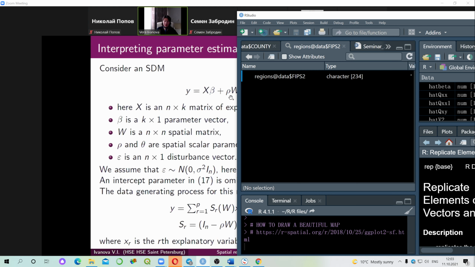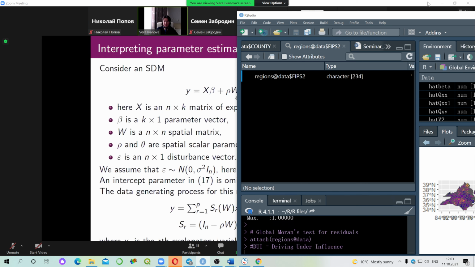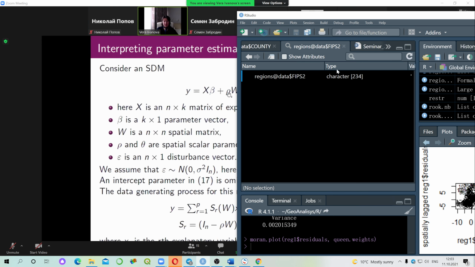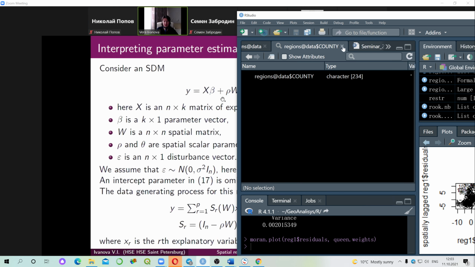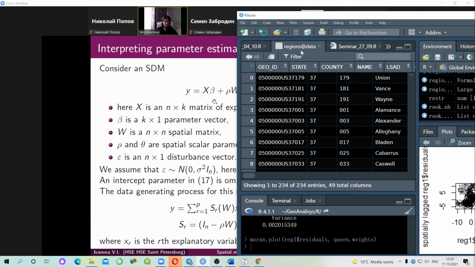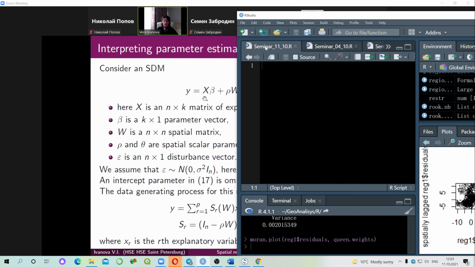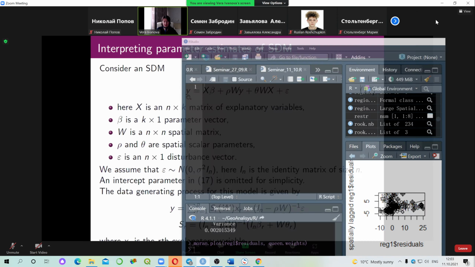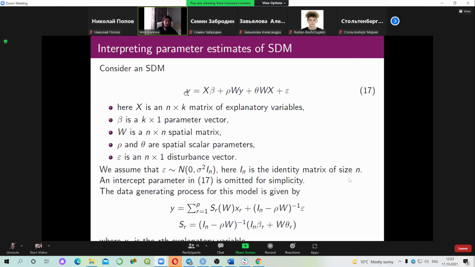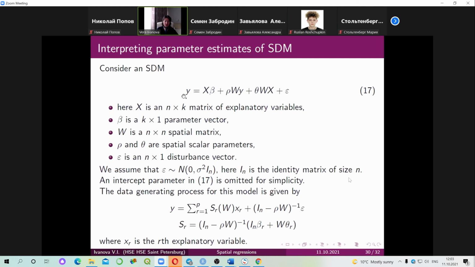But when we have this term, the spatial lag of the dependent variable, we cannot interpret as usual that we increase the x value and the dependent variable will increase or decrease by value beta.